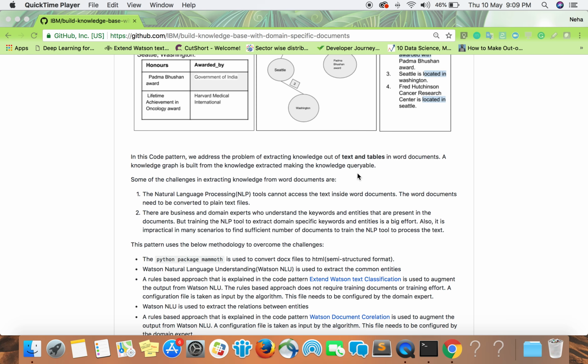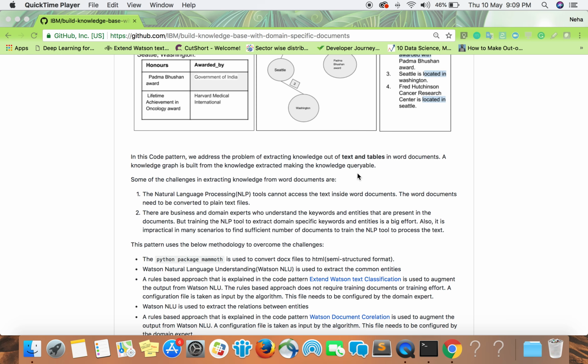There are domain specific and business experts who understand the keywords and the entities that are present in those domain specific documents, but training those in an NLP tool to extract the domain specific keywords and entities is a big effort, and it's a very time consuming process as well.